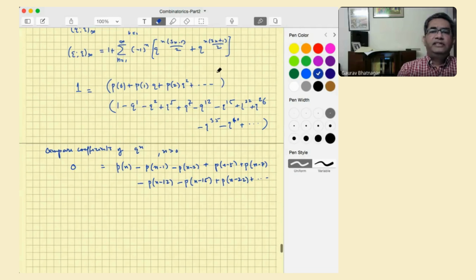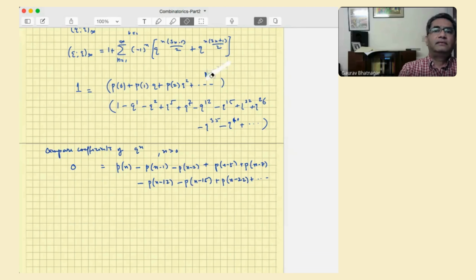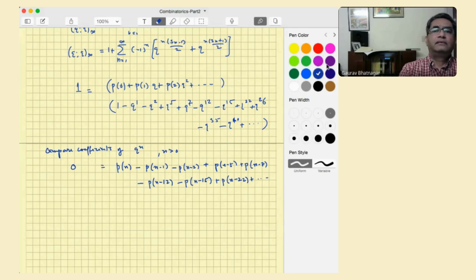So here, for example, if I've got p of n minus 15, suppose somewhere here I have p of n minus 15, q raised power 15, then I will multiply this with q raised power n minus 15.